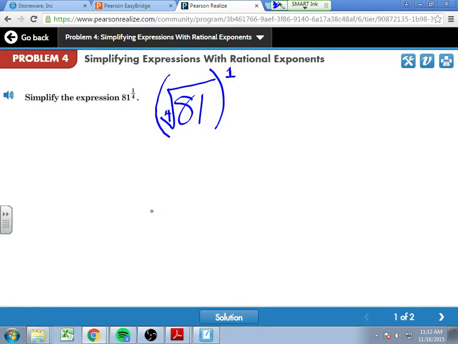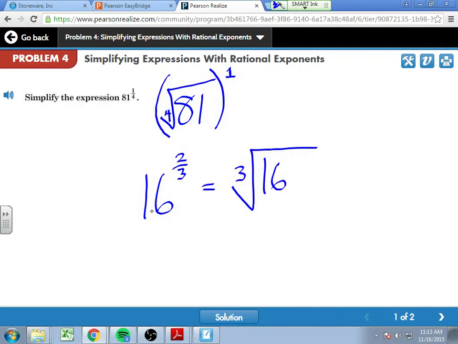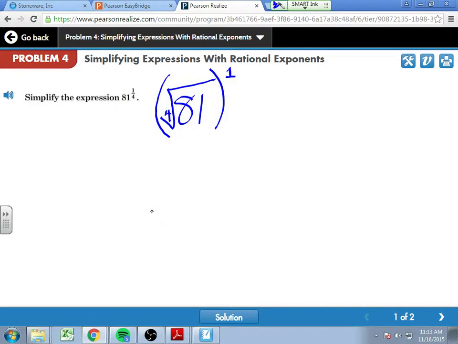So if it was, let's say, 16 to the 2/3, this would be the cube root of 16 squared. So for the question we have right here, it's just the 4th root of 81, because to the 1st power does nothing.